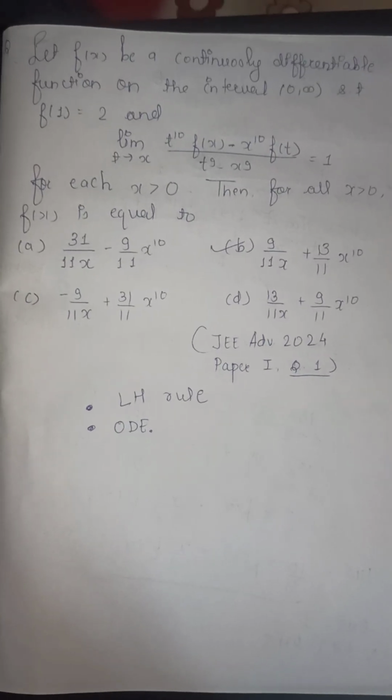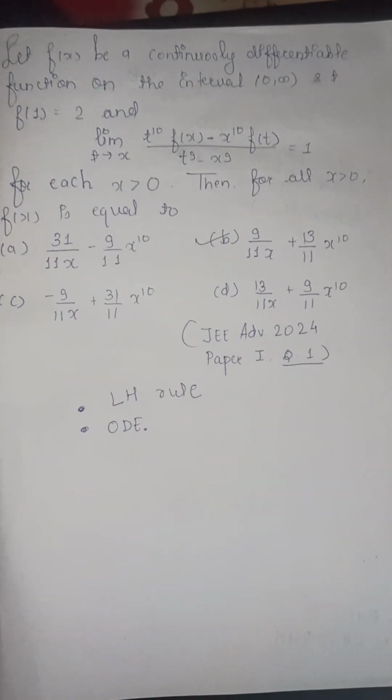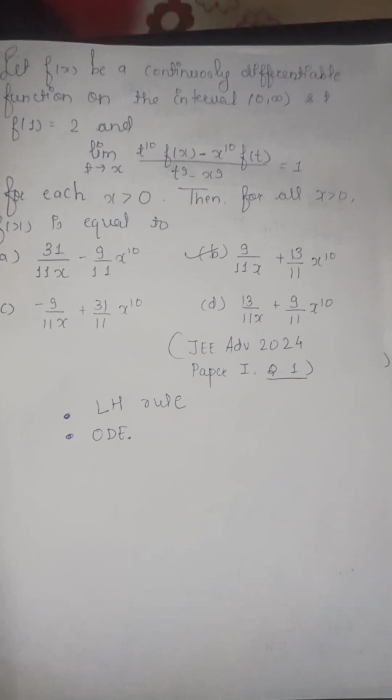It is nothing but 9 upon 11 times 1 upon x plus 13 upon 11 x to the power 10. So this is your f of x. So seeing the options, option B was correct, right?